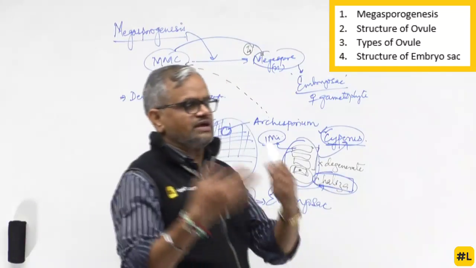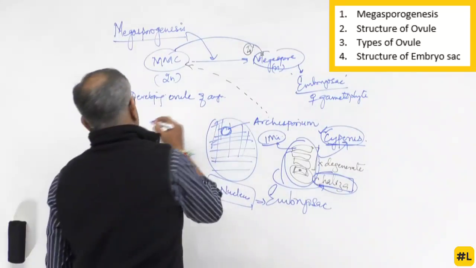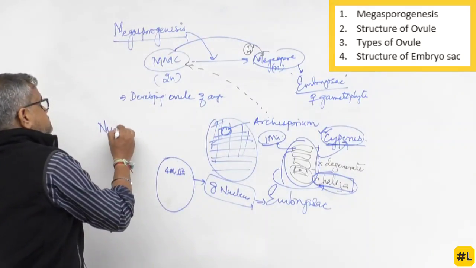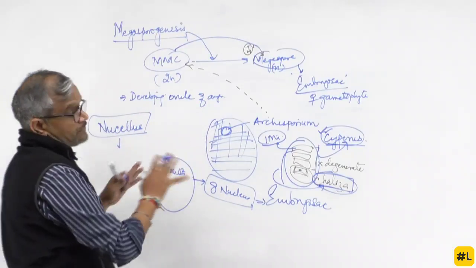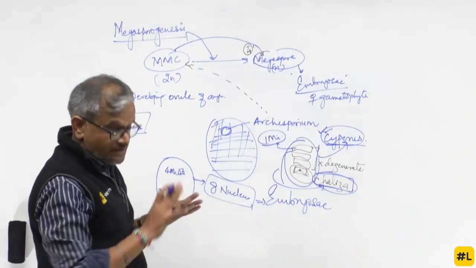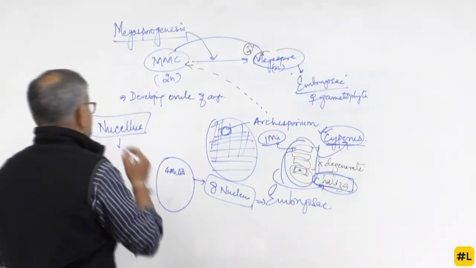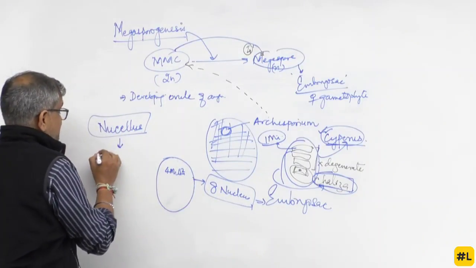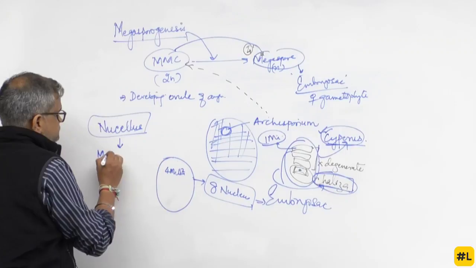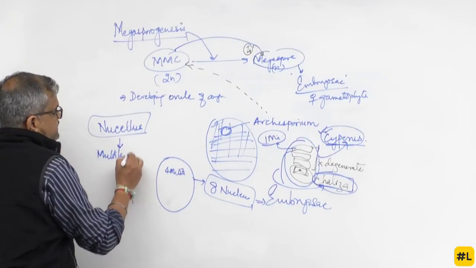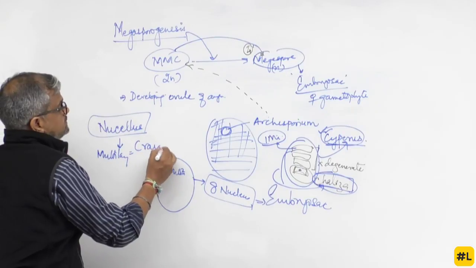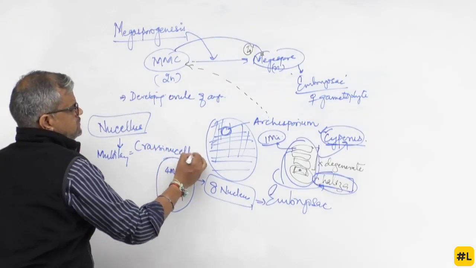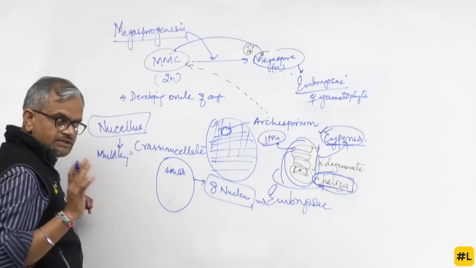One thing I will tell you before I close: the nucellus, which is a diploid structure surrounding the embryo sac, is either multi-layered or not. When it is multi-layered, it is called crassinucellate, very heavy, too much eaten.